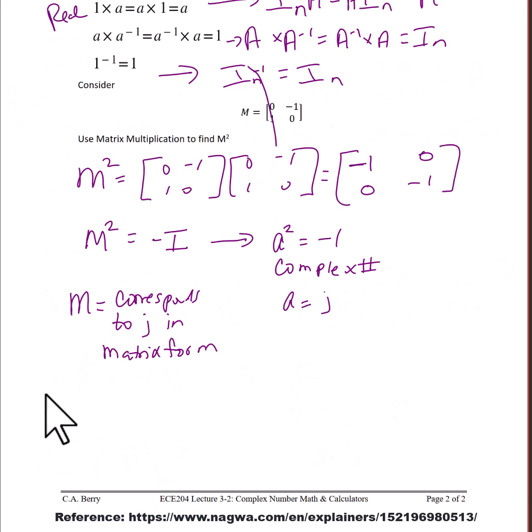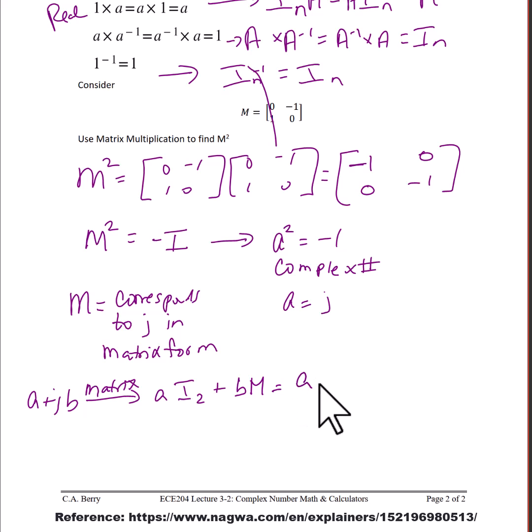So the question becomes, how could I represent the complex number a plus jb in matrix form? Thinking about our identity matrix, and we'll assume this is a 2 by 2 matrix, this would be a times the 2 by 2 identity matrix plus b times m, which represents our j.